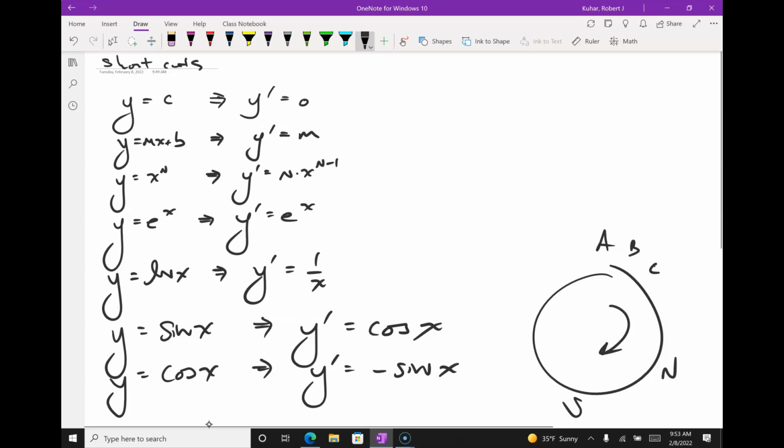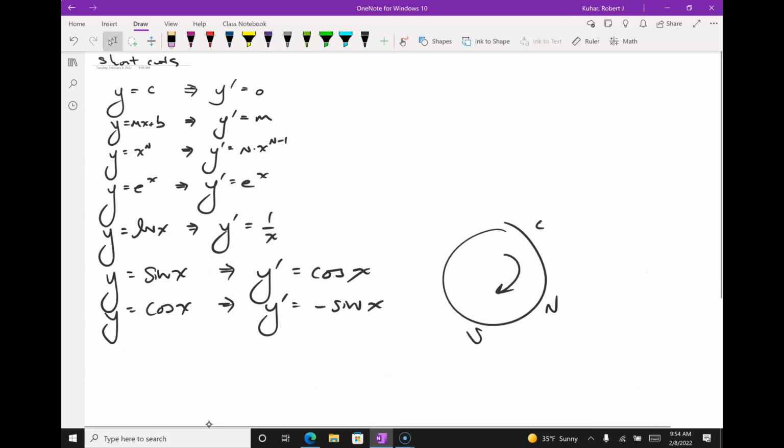Starting at cosine, the derivative goes past the negative, to the sine, so there's negative sine. The derivative of sine, starting at sine, you don't go past the negative, so you just take the cosine. I think that's our main list of shortcuts right now. We'll keep adding.